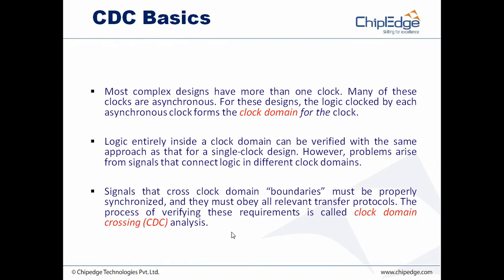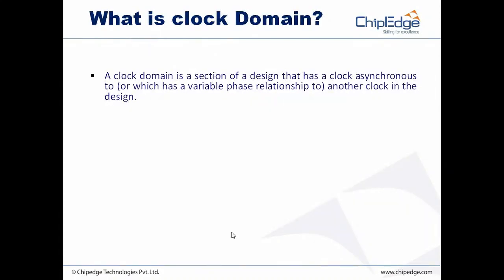Okay, so the next thing is: what is a clock domain? As we discussed, each asynchronous clock forms a clock domain. A clock domain is a section of the design whose clock is asynchronous to, or has a variable phase relationship to, another clock in the design.